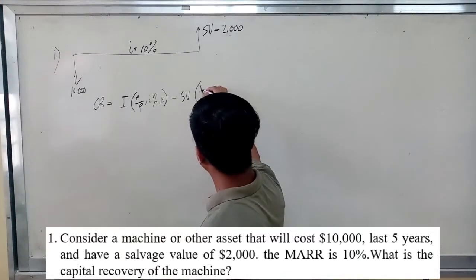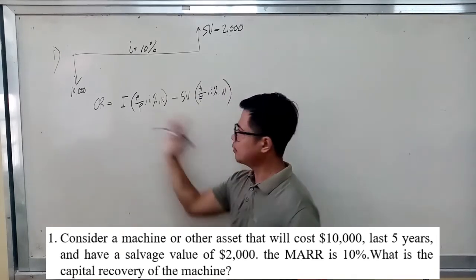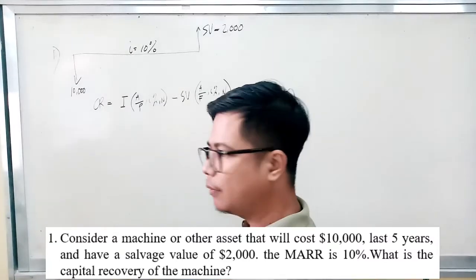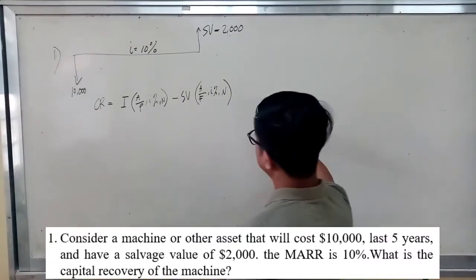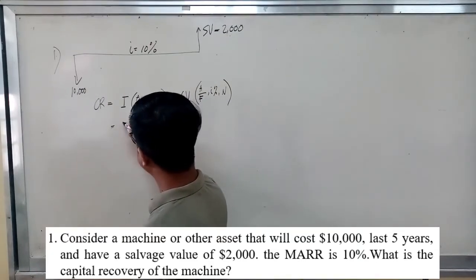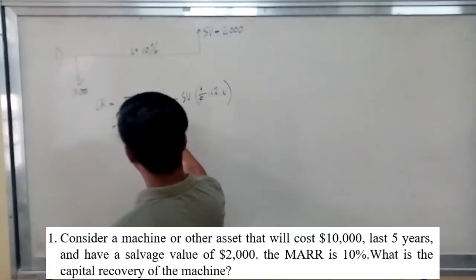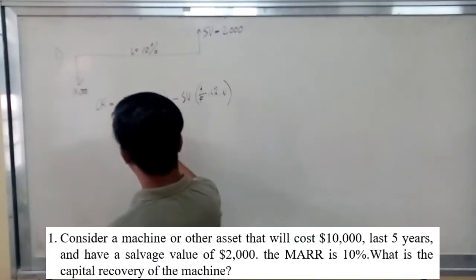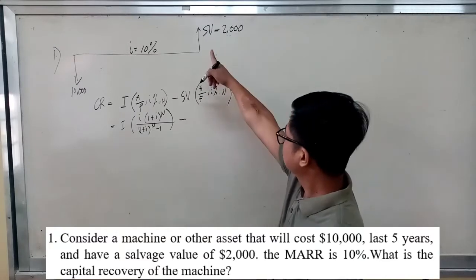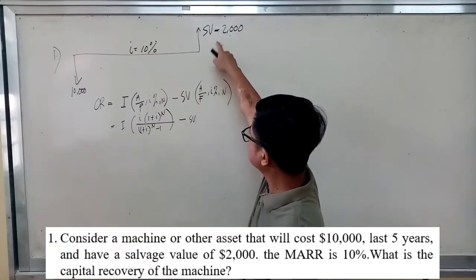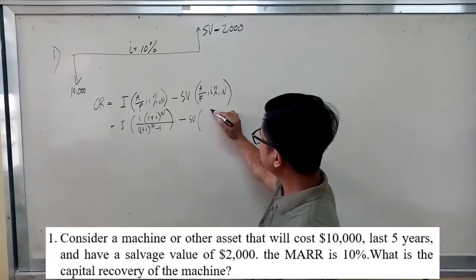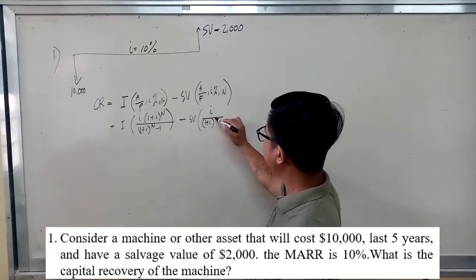So, finding A given F with interest I, N. So, this is our equation. We're going to write it in formula: finding A given P, so, I(1 + I)^N over (1 + I)^N minus 1, less the salvage value, the future worth, so, I over (1 + I)^N minus 1.